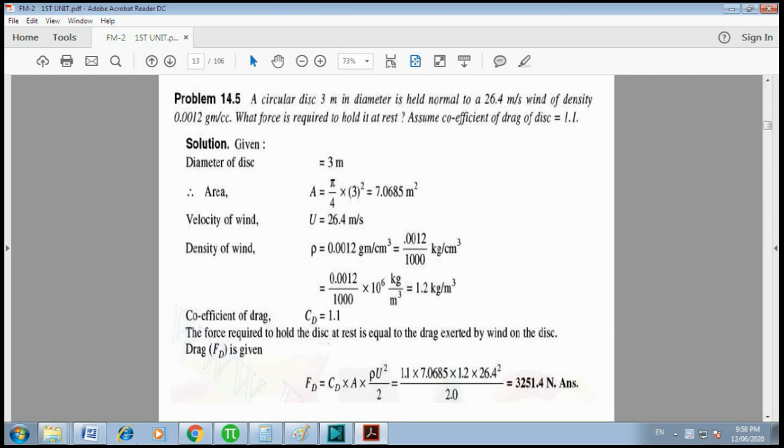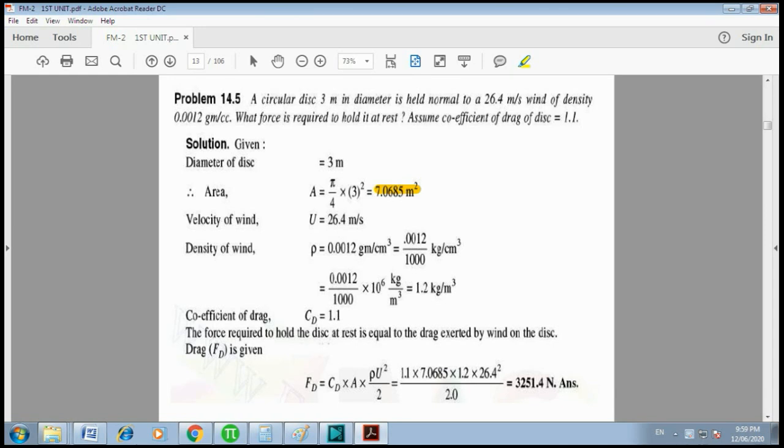First of all we calculate the projected area, A is equal to pi by 4 d square. So the area will be 7.0685 meter square. Now wind velocity is given as 26.4 meter per second. The density of wind is rho 0.012 gram per centimeter cube, where cc means centimeter cube.